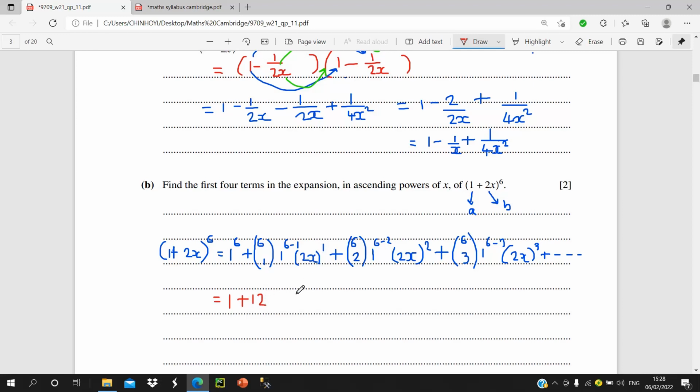And the power of x here is x. Then next, 6 choose 2 times 1 times 2 squared, which is 4. You are supposed to get 60, and the power of x is x squared.